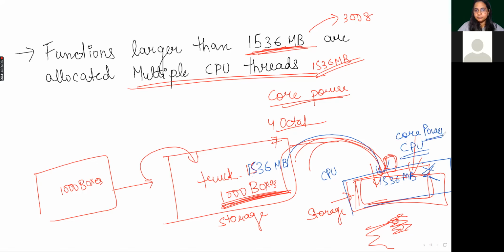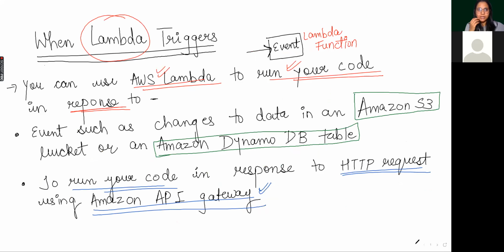Before starting the next topic, let me just revise everything with you. So this is the part when Lambda triggers. Okay, this part is clear. Any doubt in this? Just go through the slide and let me know. It's very clear. Lambda trigger, how events are created, we have discussed previously.